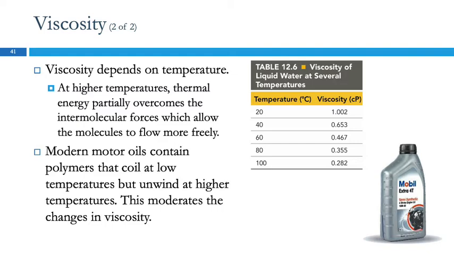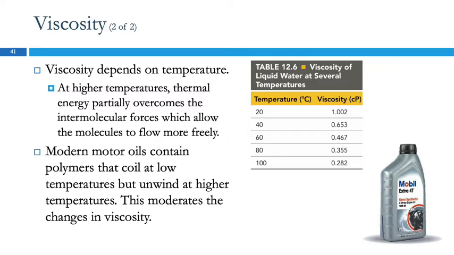So you have to adjust it. Modern synthetic motor oils are so cool. They have polymers in them. At low temperatures, those polymers coil up. Well, we saw how the spherical particles, the intermolecular forces attracting them are weaker because there's less surface area. Two spheres can just touch at one point.